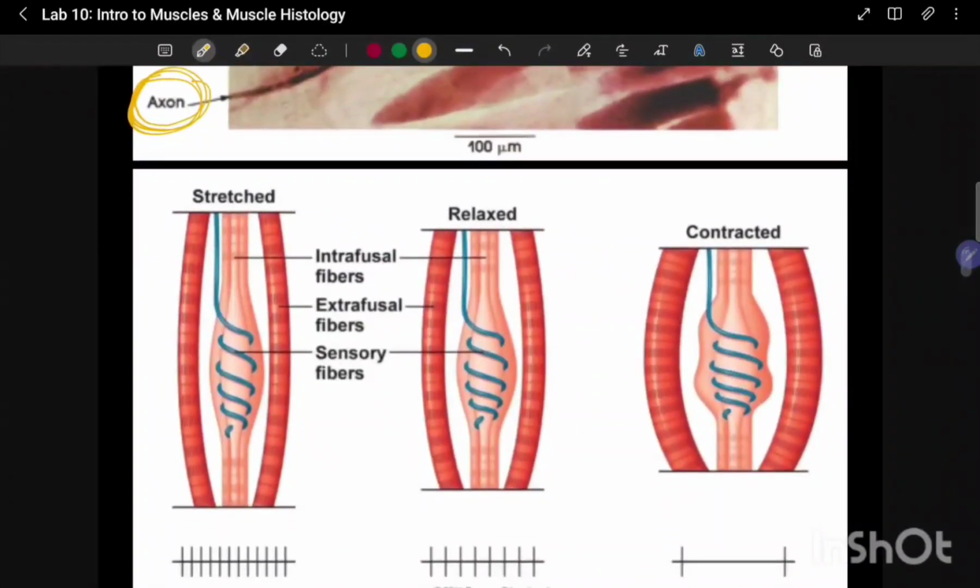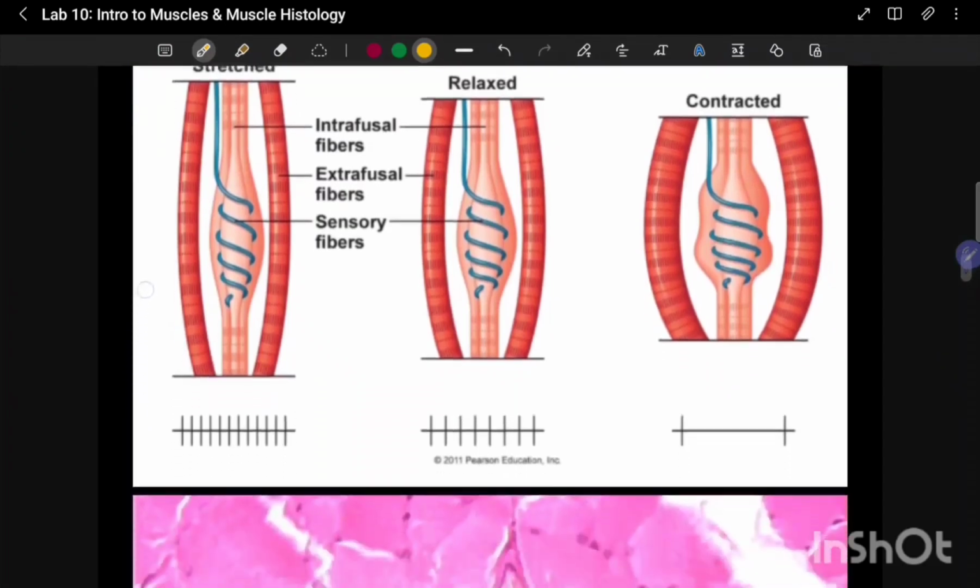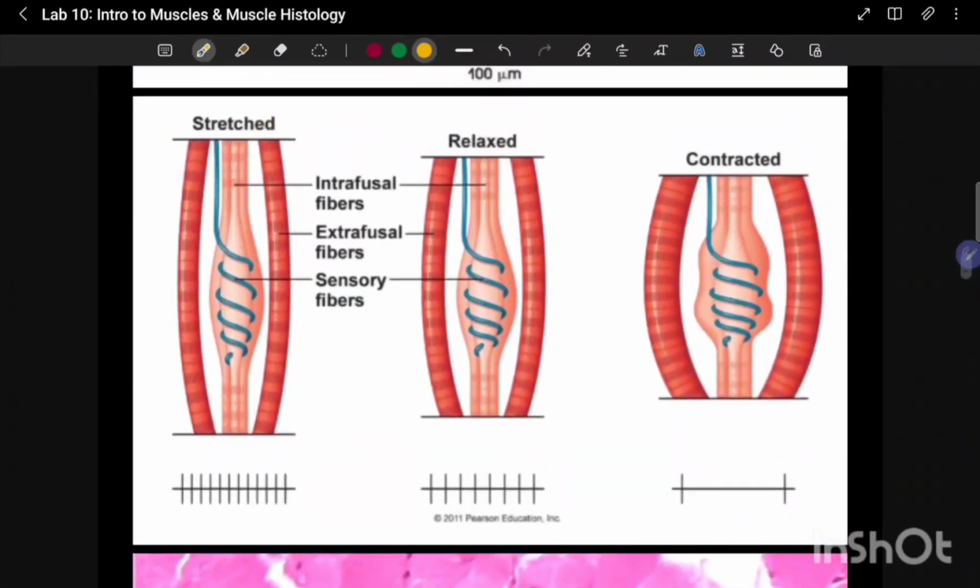Our muscle spindle fiber is usually found embedded within the muscle, to compare it to that Golgi tendon organ. Usually they're about the size of a grain of rice, and we have about 50,000 of them in the body. So they are all over the place, helping us to regulate the amount of stretch in our muscle length.